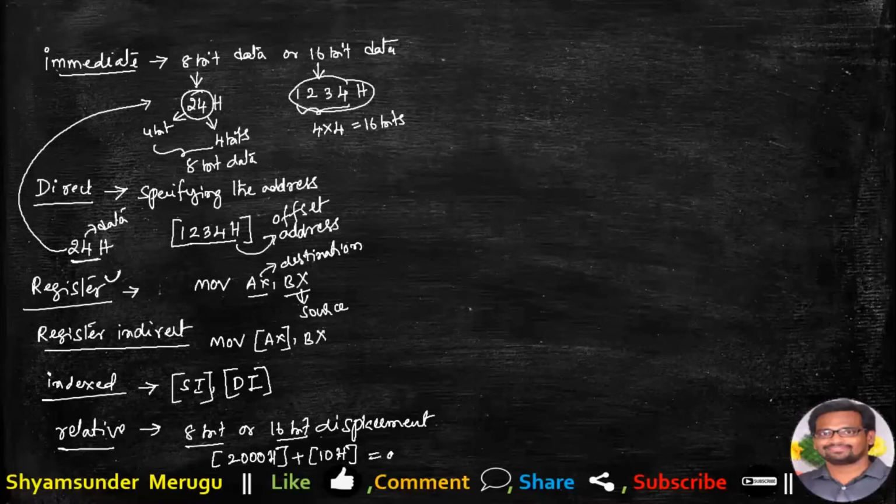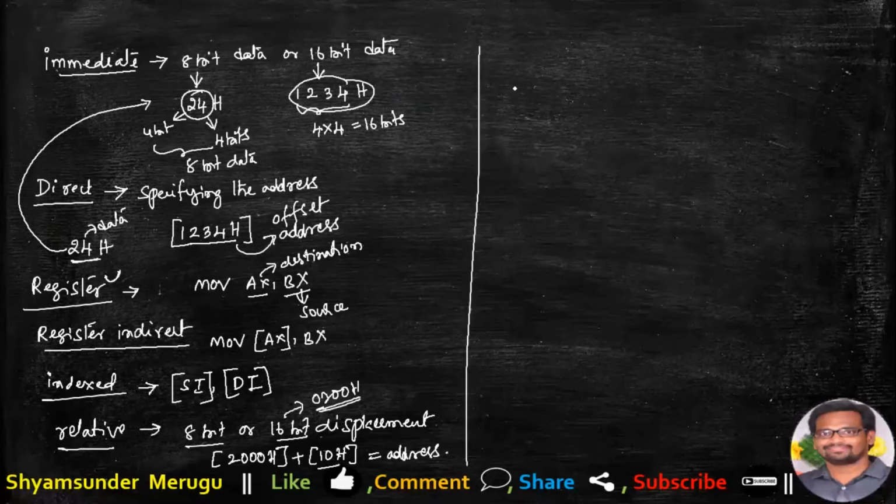Then it is an address. So relative is related to an 8-bit displacement address or a 16-bit displacement address. Here 10H is my 8-bit displacement, and if I write 0200H or something else, then it becomes a 16-bit displacement.